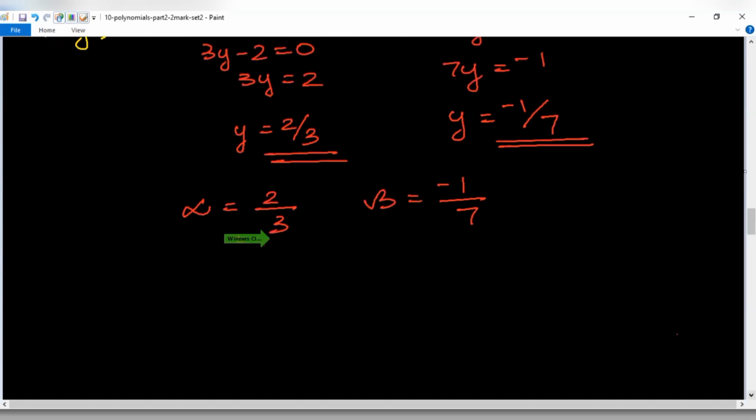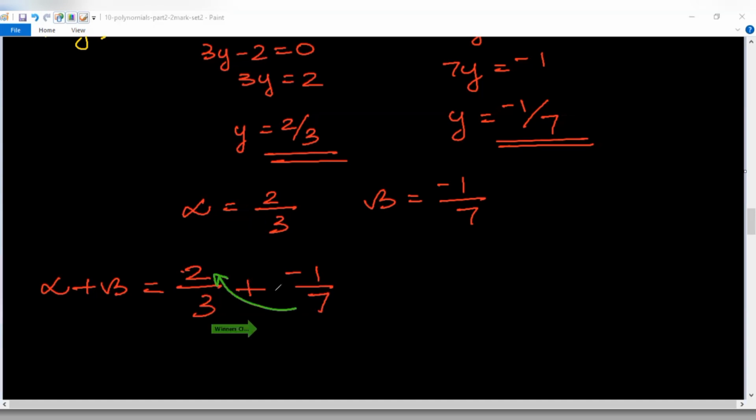Now, we have to check the relationship between the zeros and coefficients. Okay, so alpha plus beta and alpha beta, that is what we have to do. Alpha plus beta, see here 2 by 3 plus minus 1 by 7. Here the denominators are different, right? Adding two fractions and denominators are different. So we have to do cross multiplication. 2 into 7, 14 minus 3 into 1, 3 divided by 3 into 7, 21.